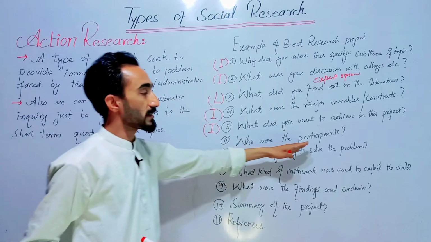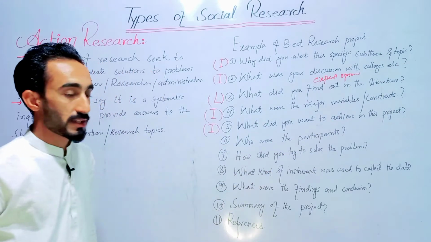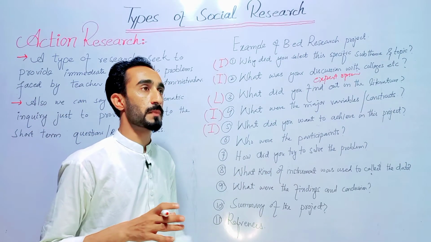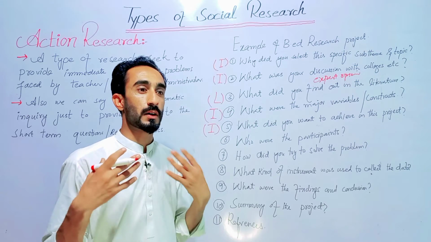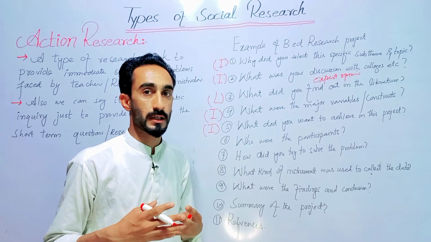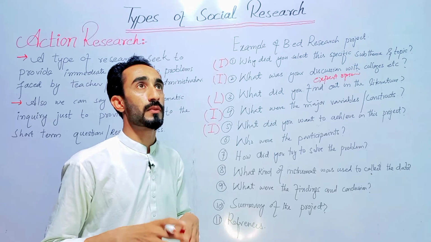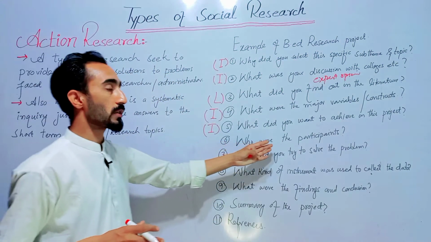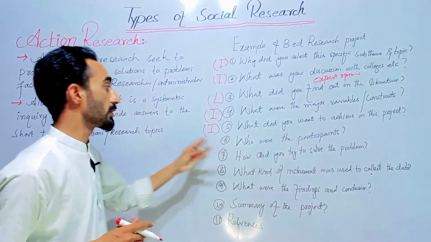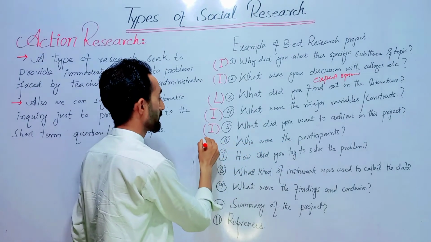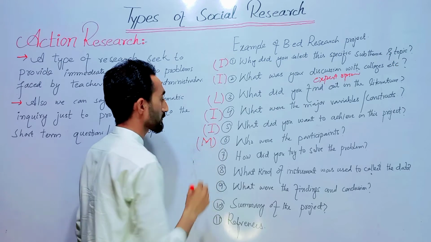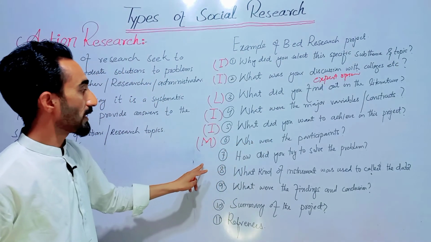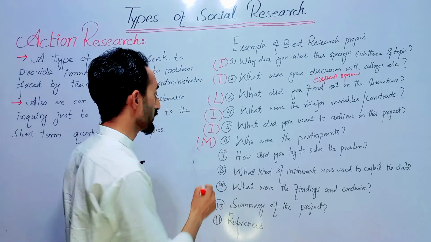Who were the participants? The participants are the respondents of a particular study, the audience from whom we will collect data. So this is related to another step, that is methodology.